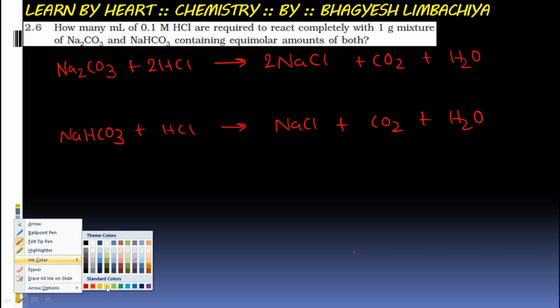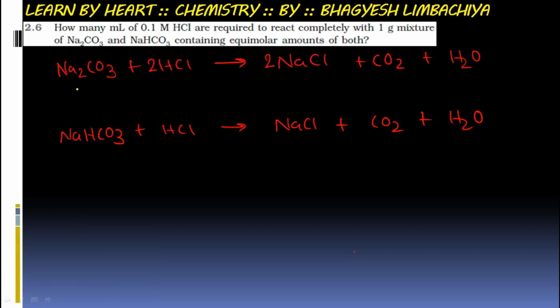Now here stoichiometric relation is formed that Na2CO3 it is 1 mole. So for complete reaction of 1 mole of Na2CO3 2 moles of HCl are required.